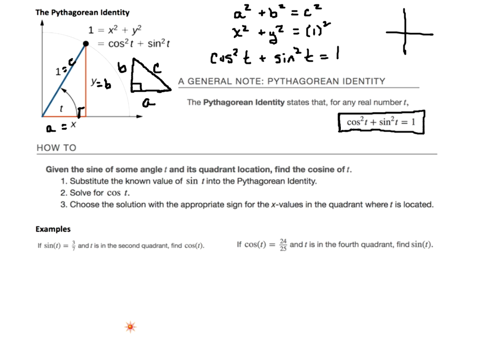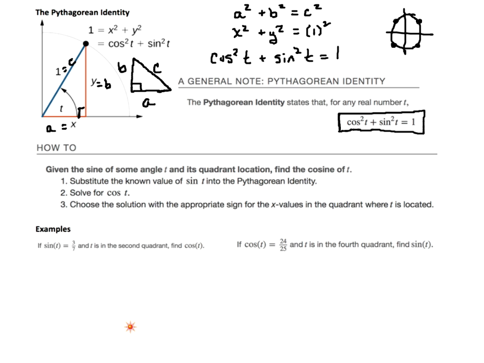If you think back to your unit circle, if my point is in quadrant 1, both my x and my y are positive. But if my point's in quadrant 2, my x value is negative and my y value is positive. Quadrant 3, my x and my y values are negative. And quadrant 4, my x is positive, my y is negative.